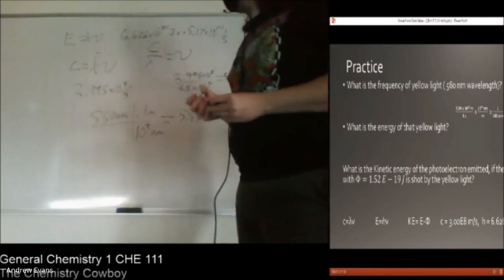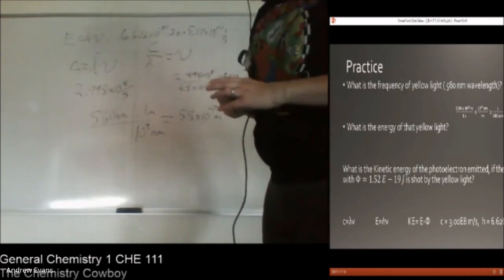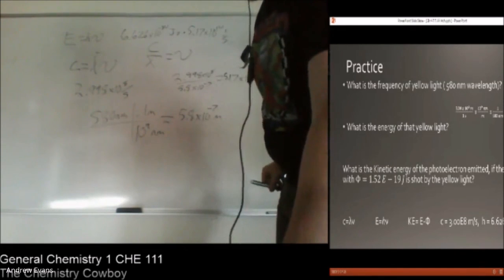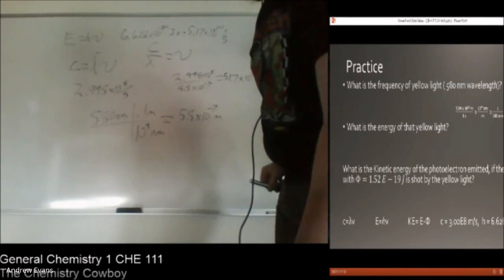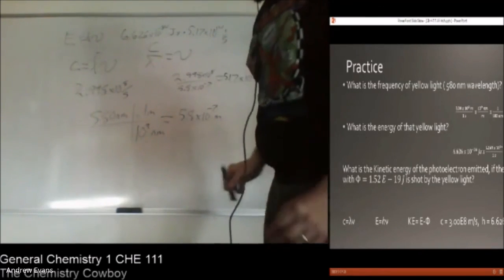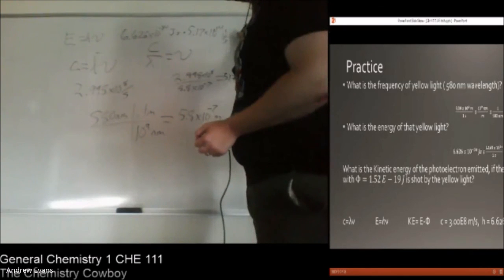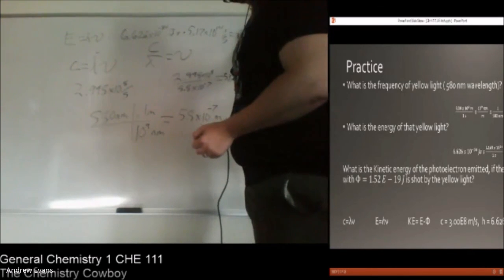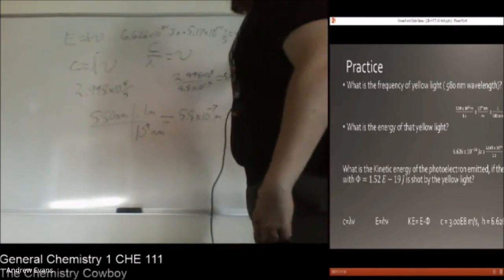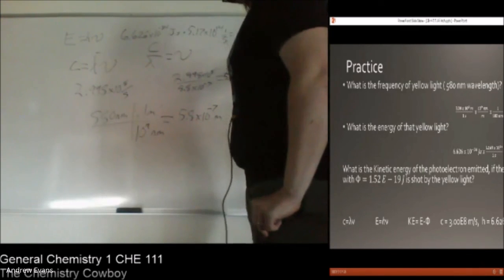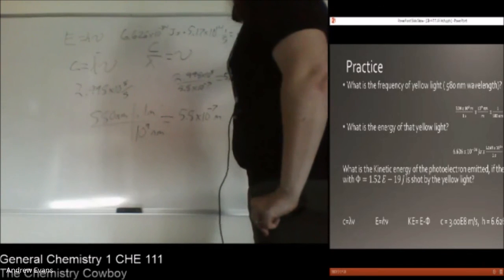That is going to give us a really small number, because even though 10 to the 14th is big, 10 to the negative 34th is small. So you do that, and you would get the energy of one particle of yellow light is 3.43 times 10 to the negative 19th joules.